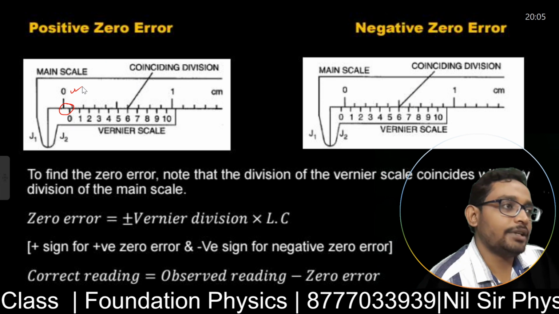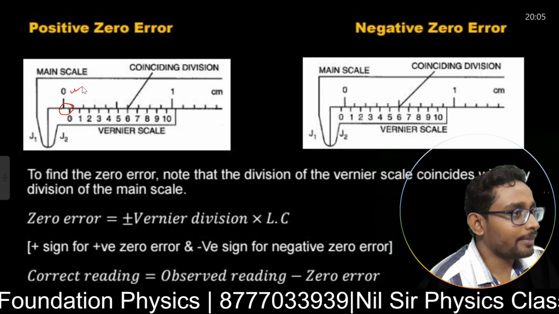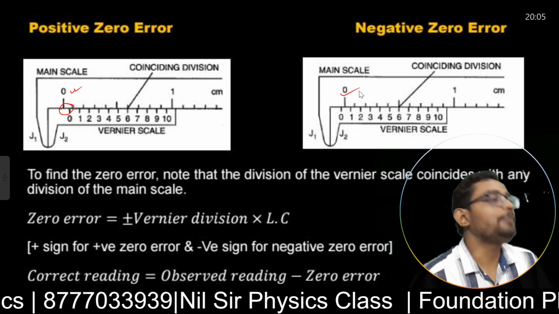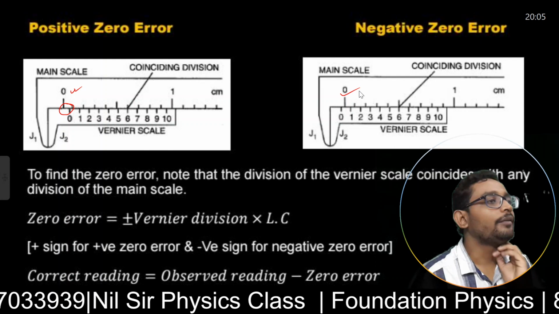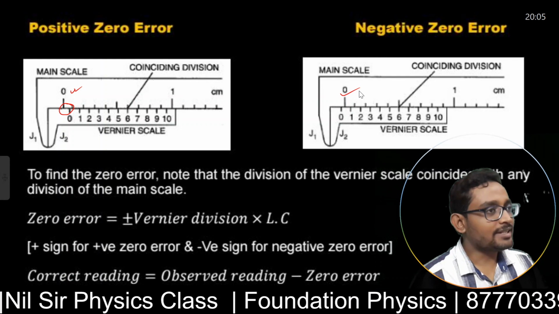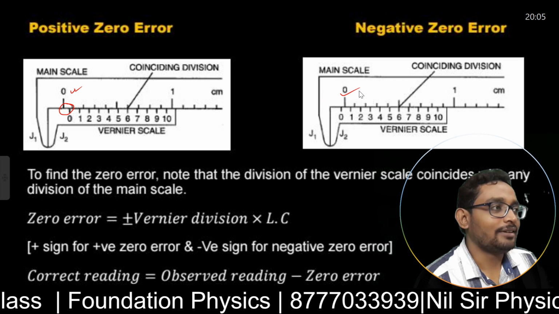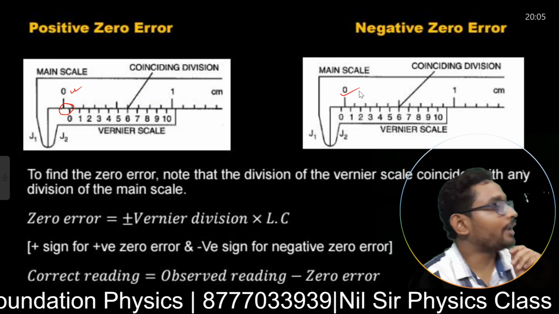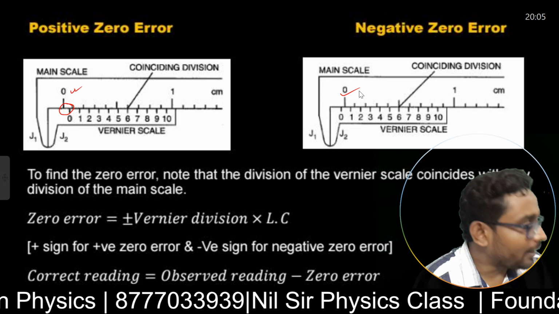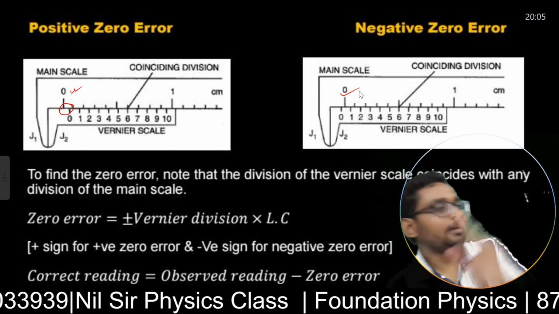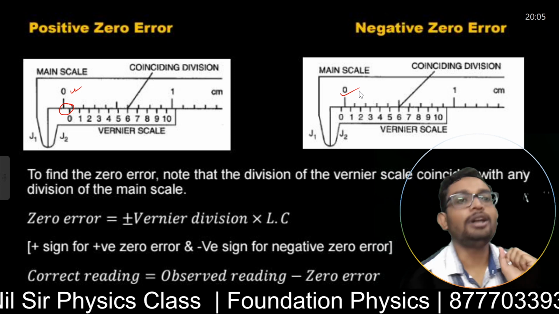And if the vernier is below the 0 line of the main scale, it will be called negative. If the vernier is ahead of the main scale, it is called positive zero error. If it is below, it is called negative.